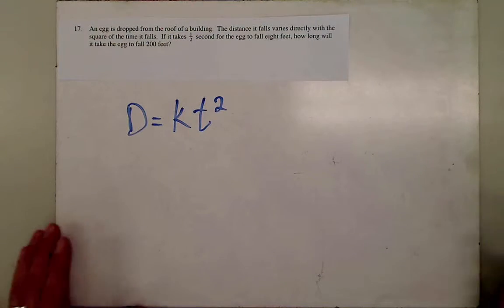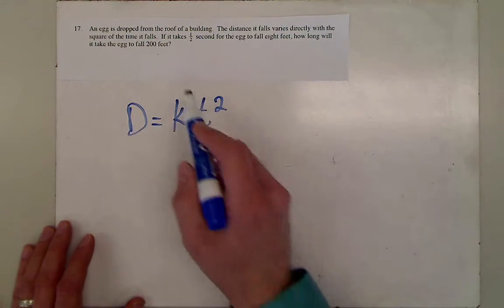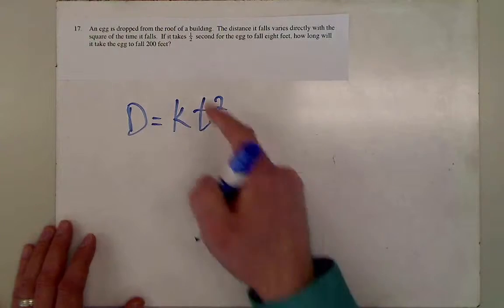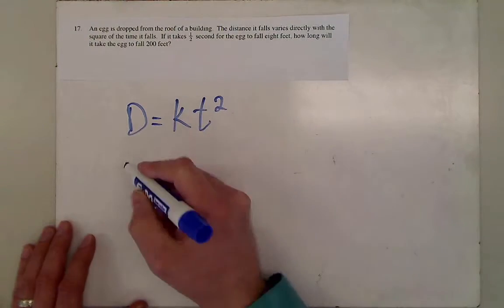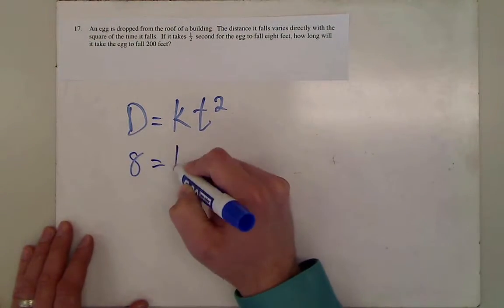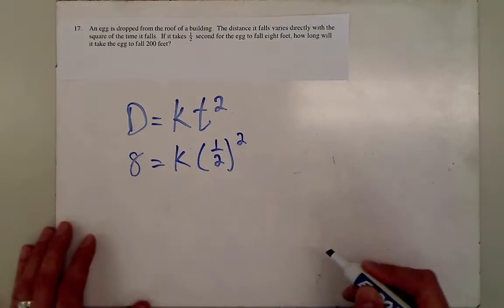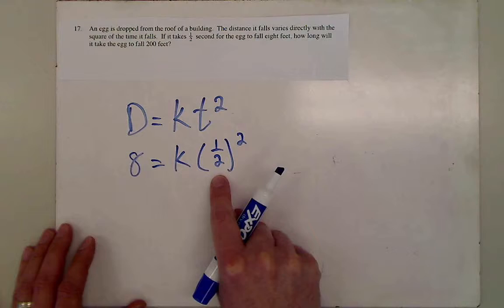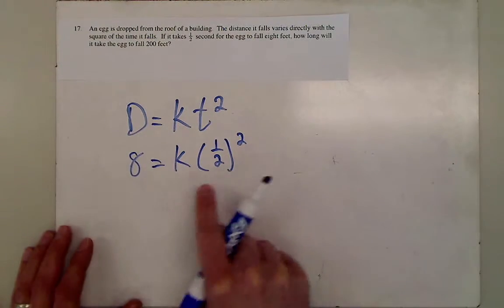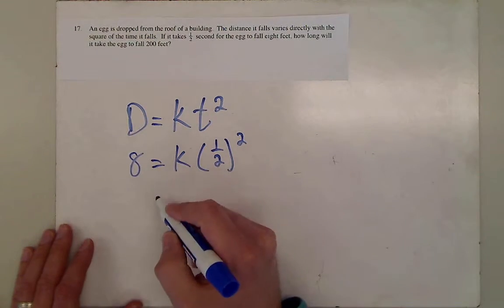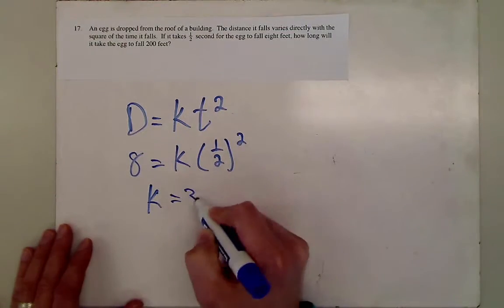You can have exponents involved. So then it gives you a time and a distance. So for 8 feet, I have 1/2 of a second squared. Now that would be 1/2 times 1/2, which is 1/4. If you divide 8 by 1/4, it's actually multiplying by 4, and you get 32.